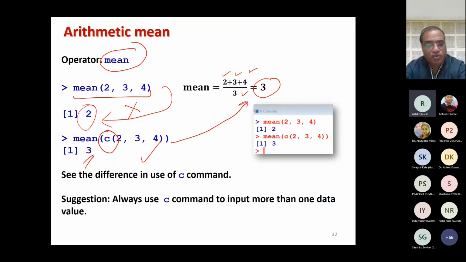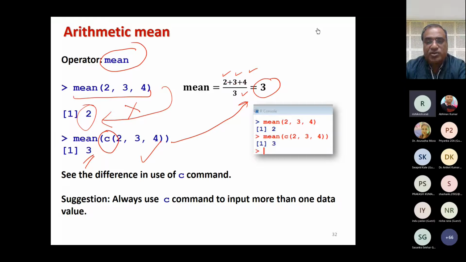But now you have understood that when you give the C command, at least you are getting the correct value. So there are two questions: why this is happening and what is the solution. My advice to you all is that you always use the C command without exception, because then there is no chance of making a mistake.